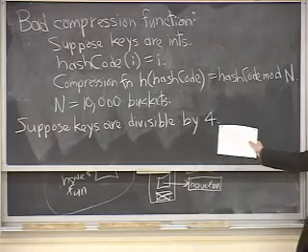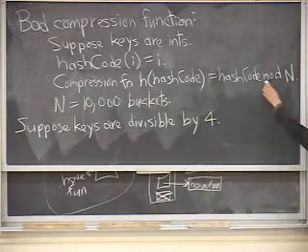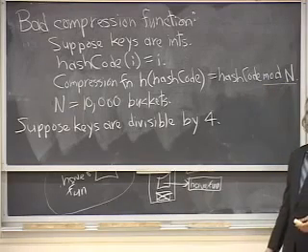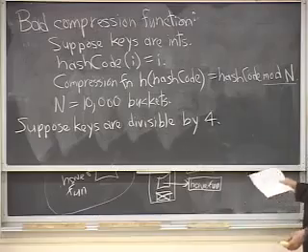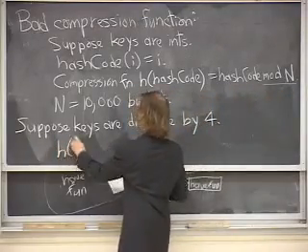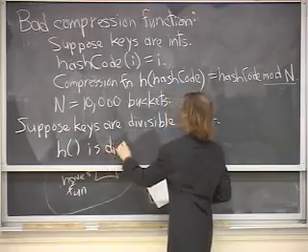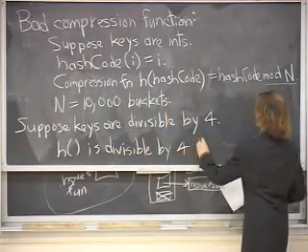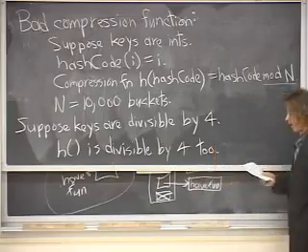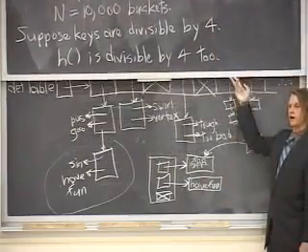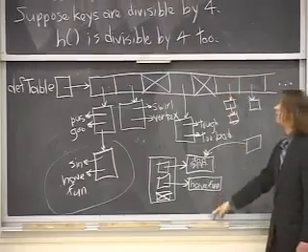Well, if you take a number that's divisible by 4 and then take it modulo 10,000, it's still divisible by 4. That's very bad news because it means 3/4 of our buckets are wasted. They're never being used at all.